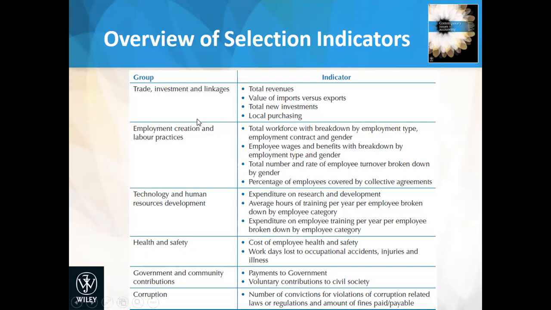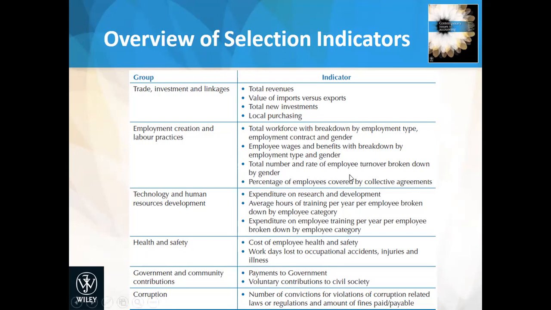Next would be government and community contributions. Is the organization paying the government dues accordingly? And if there are voluntary, not required, contributions made to civil society organizations, that is also one thing.